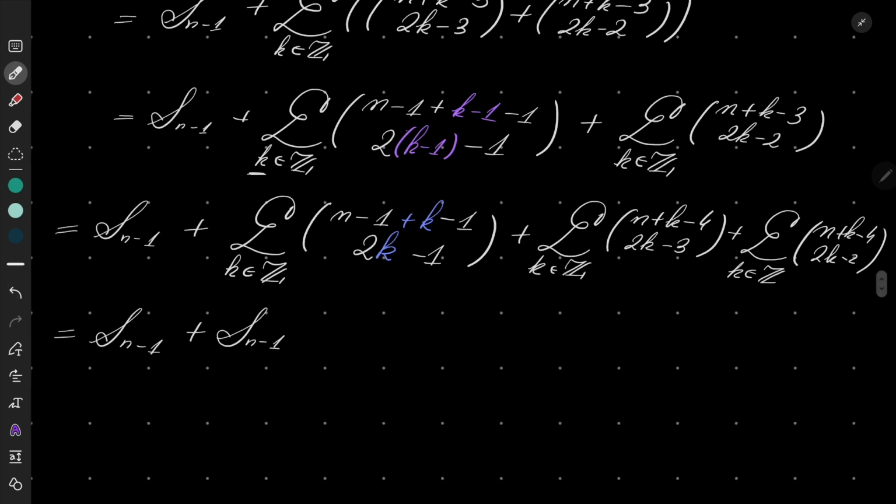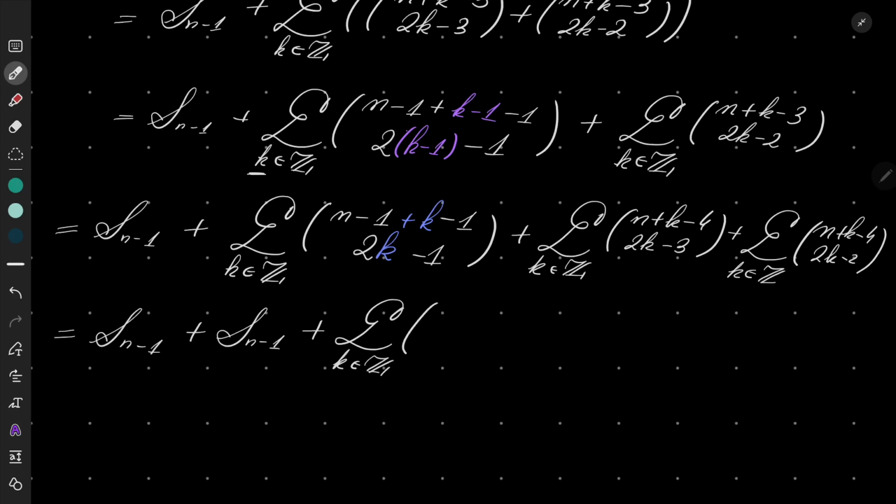What about the third sum? In the third sum, I will again move the index of summation, but this time instead of k, I will put k plus 1.